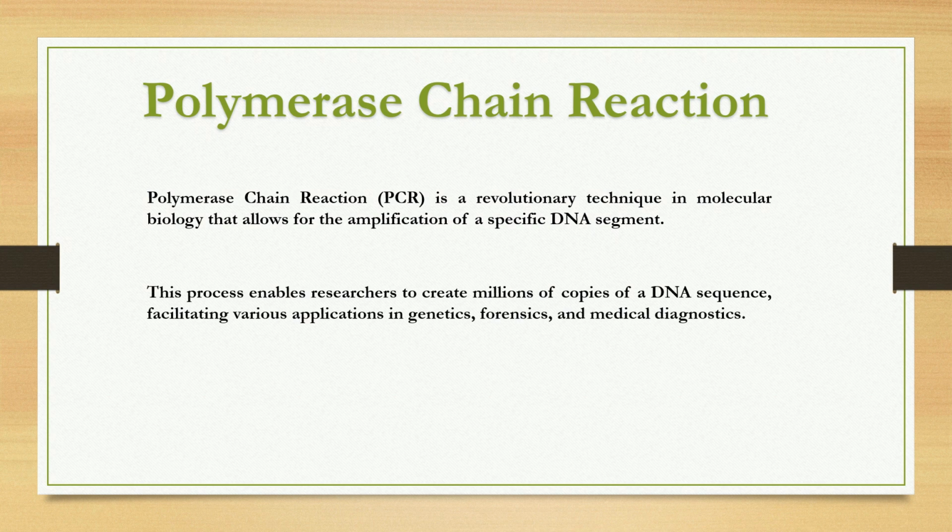This process enables researchers to create millions of copies of DNA sequences, facilitating various applications in genetics, forensics, and medical diagnostics. Right? In genetics, especially cloning, we do this. So polymerase chain reaction is a very preliminary and important step in the cloning process.